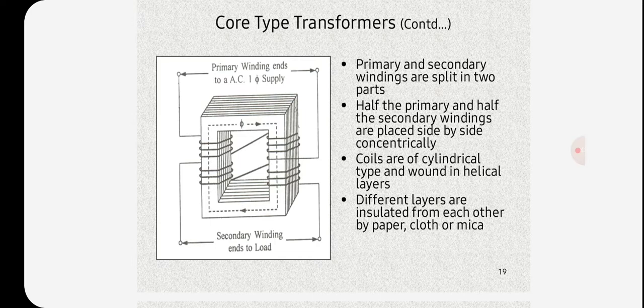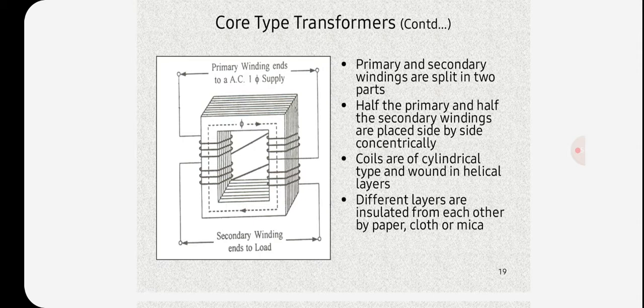In core type transformer, leakage flux can be minimized by placing half of both the low voltage LV and HV windings over one leg or limb, and the other half of the LV and HV windings over the second leg.